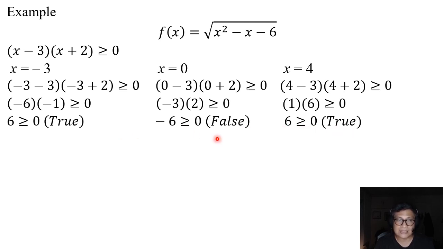So this means, class, that when the value of your x is less than -2, and when the value of your x is greater than +3, it makes the inequality true. But any value between -2 and +3 makes it a false statement. So we can now see clearly what the domain is because of this result.